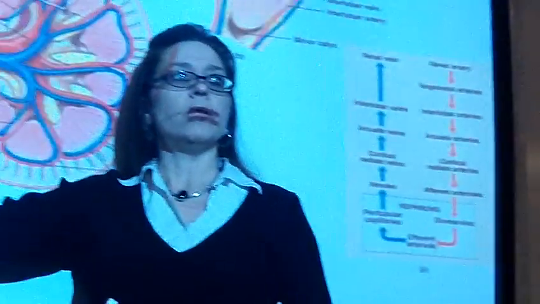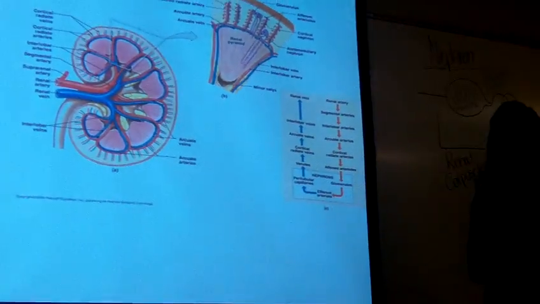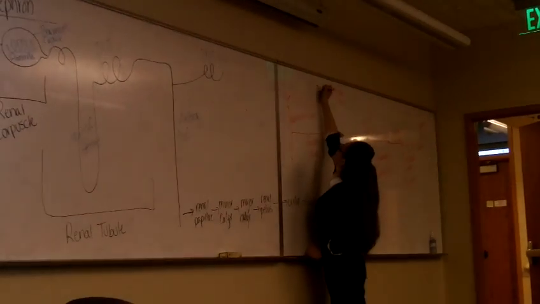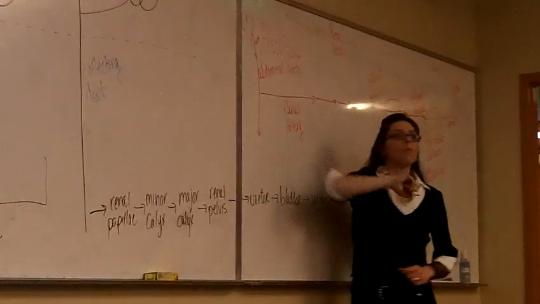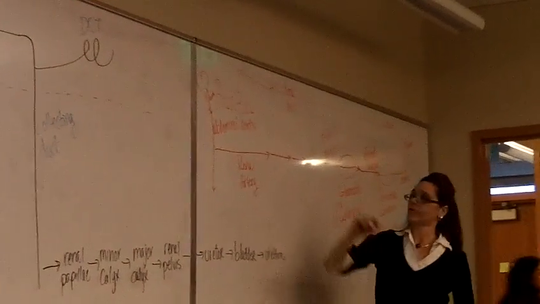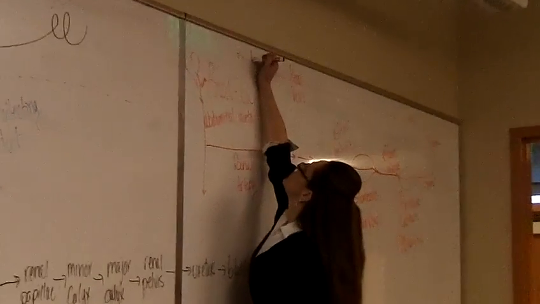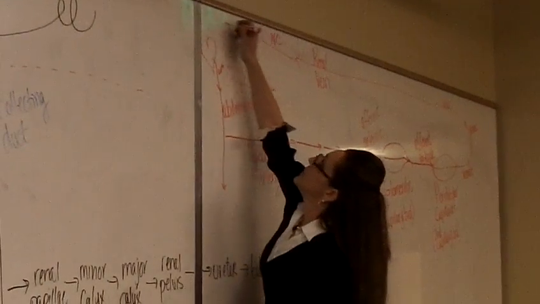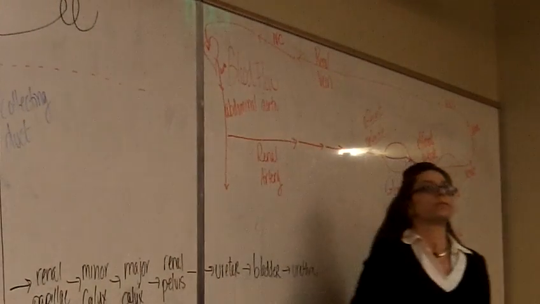Leaving the kidney through the renal vein, and the renal vein is going to then drain into the what? Inferior vena cava. Great, and eventually that's going to get us back to the heart.